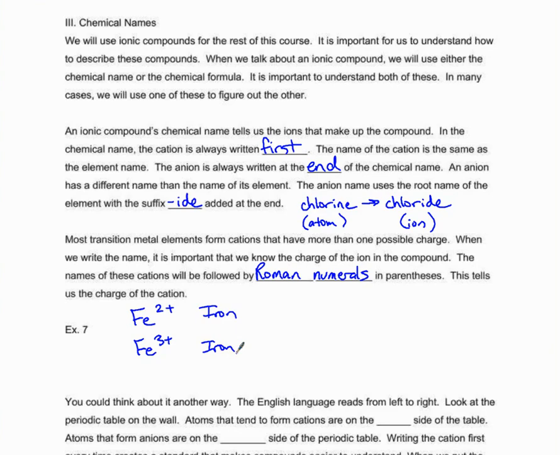We have to follow the charge in Roman numerals. So for this Fe2+, this is iron(II). And for the Fe3+, this is iron(III). This indicates the charge of the iron. It tells me which ion I have. It's going to be important.